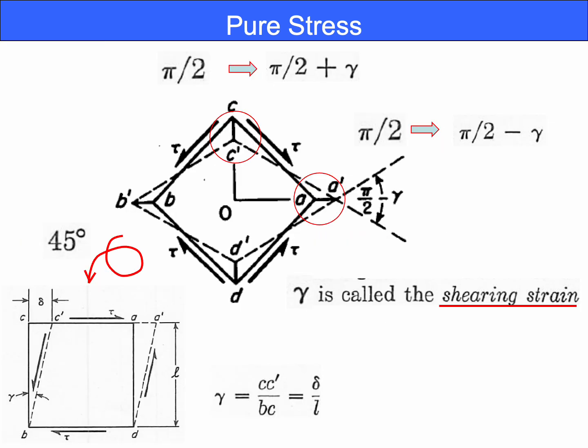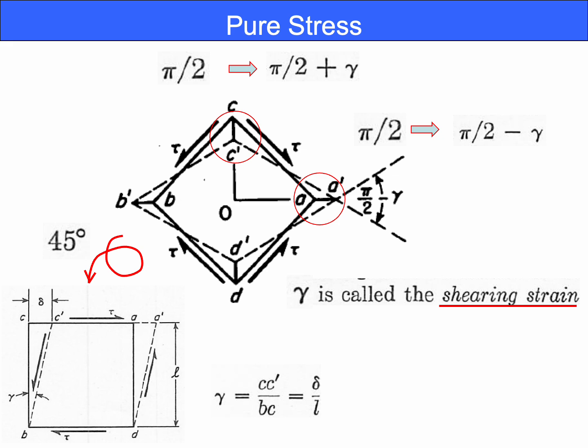In this slide, we study the strain related to pure shear. This is the element in the pure shear state. This element shown in solid lines, oriented at 45 degrees as shown in the previous slide. And the applied shear stress is tau.